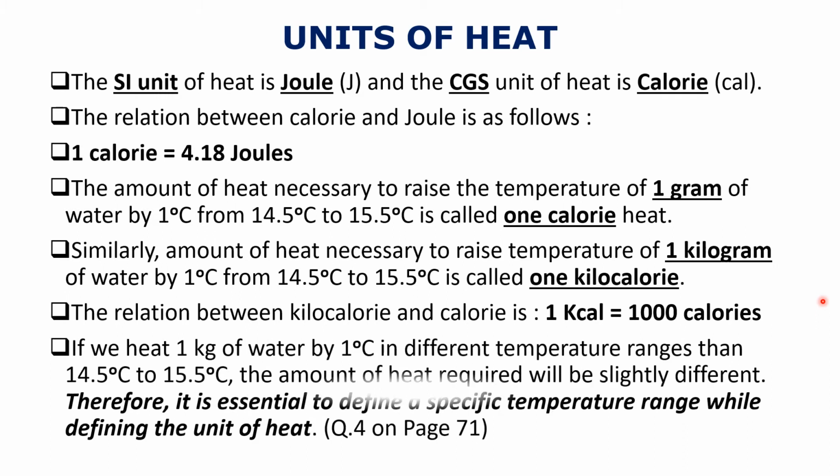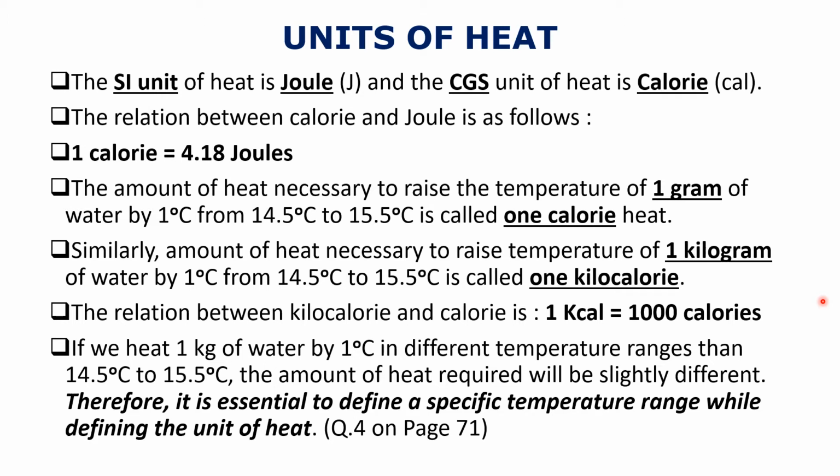Now, very important, this answer is there in your text, in the exercise at the end of the lesson. This question is asked: why is it essential to define a specific temperature range while defining the unit of heat?